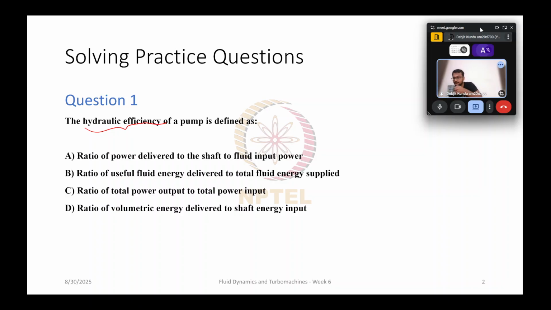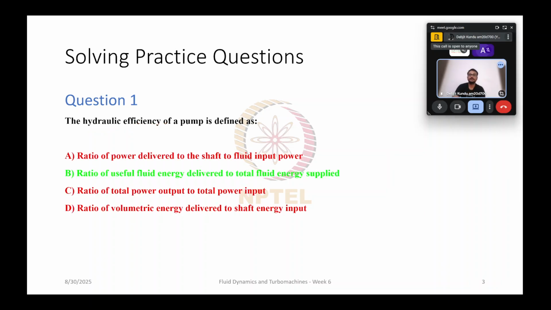Any guesses? Okay, so let's take a look at the solution.